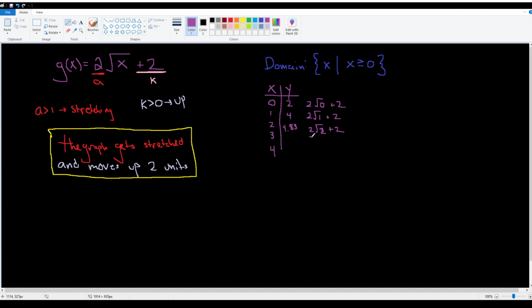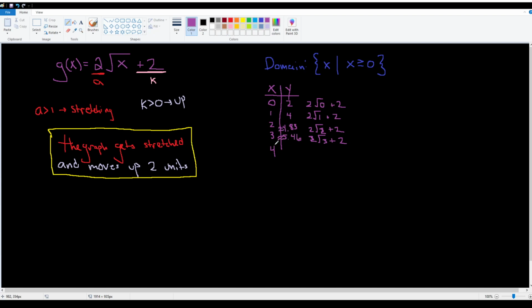Now we can do 3: 2 times the square root of 3 plus 2. As we said before, the square root of 3 is approximately 1.73. Multiplying that by 2 gives approximately 3.46, and then adding 2 gives approximately 5.46.